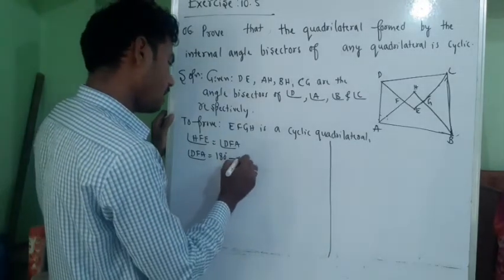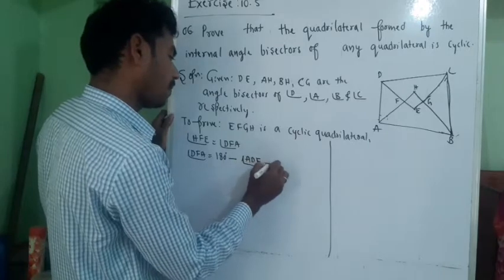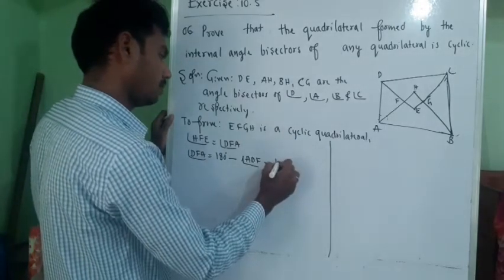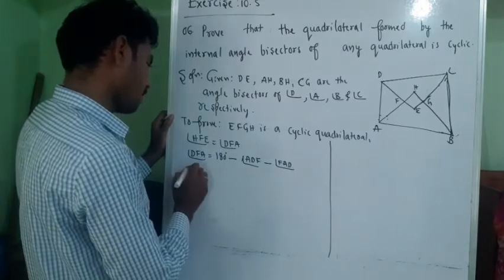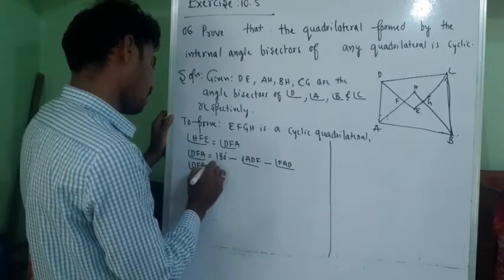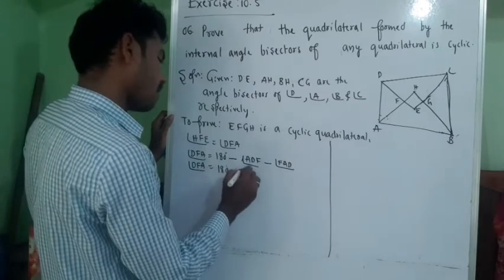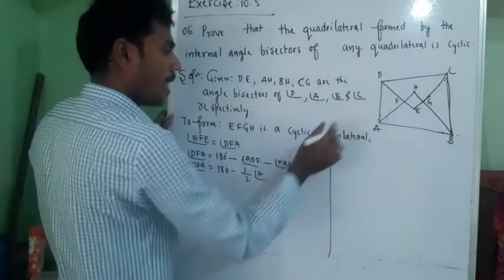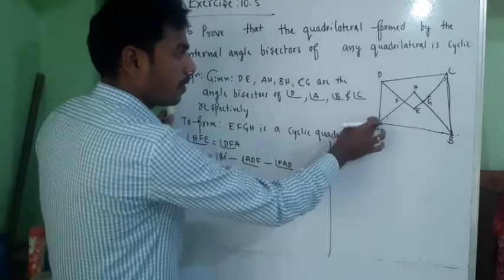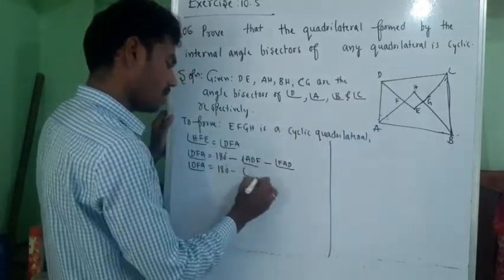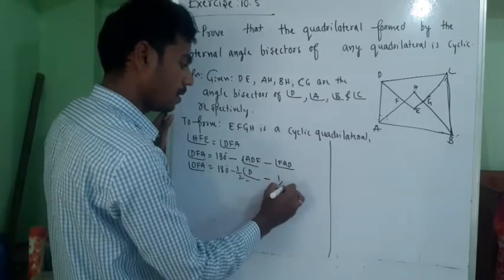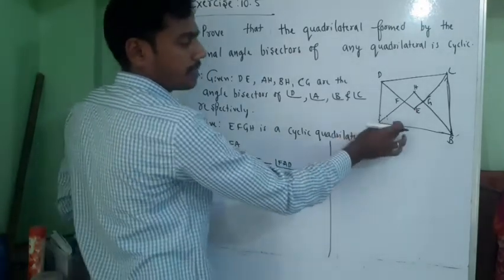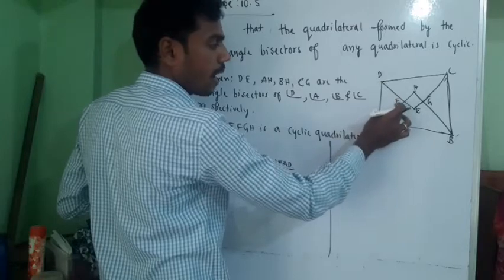So angle DFA is equal to 180 minus angle ADF minus angle FAD, or else angle DFA is equal to 180 minus half of angle D minus half of angle A. ADF is nothing but half of angle D, and DAF is nothing but half of angle A. See, this is the angle bisector, so angle DAF will be equal to angle FAB.